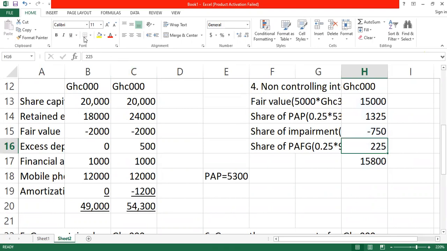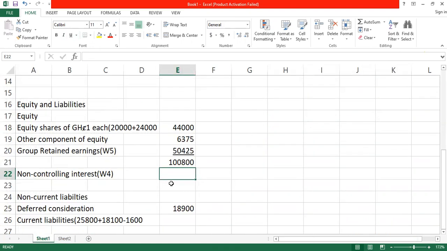So non-controlling interest is 15,800. So let's put it there. 15,800. So the total now will be this plus this. That will give you now.